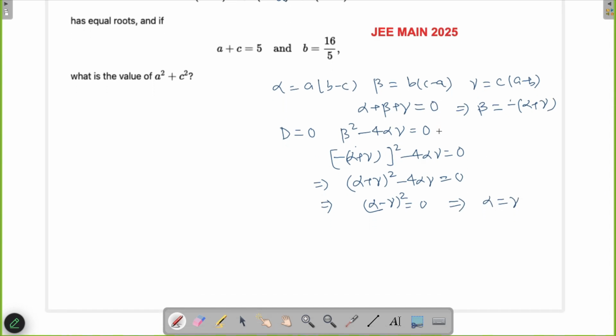So whatever my alpha and gamma are, let's put those values. a times (b minus c) should be equal to c times (a minus b). If we rearrange this, we get ab minus ac equals ac minus bc. Now we can bring this to this side, so it becomes ab plus bc, which is equal to 2ac.